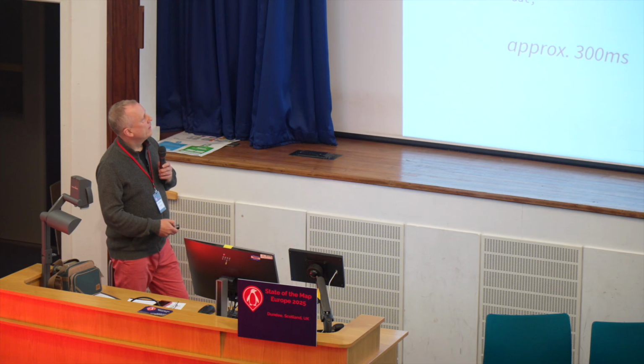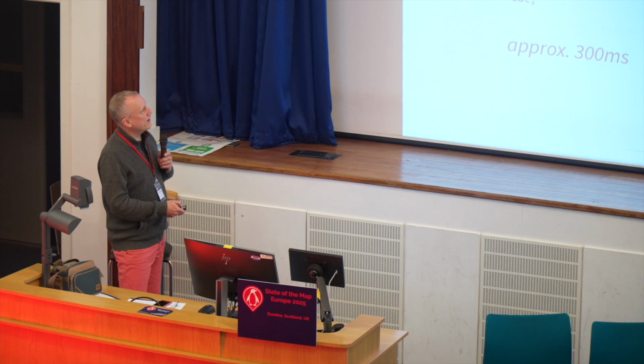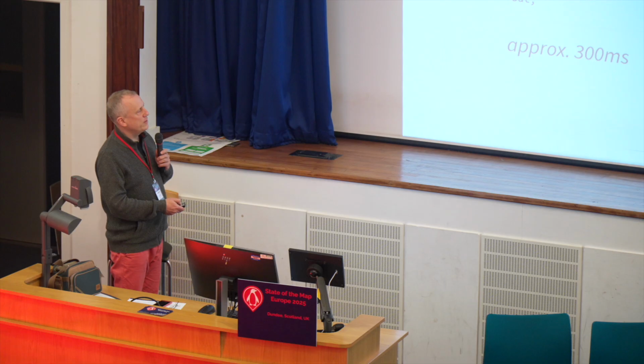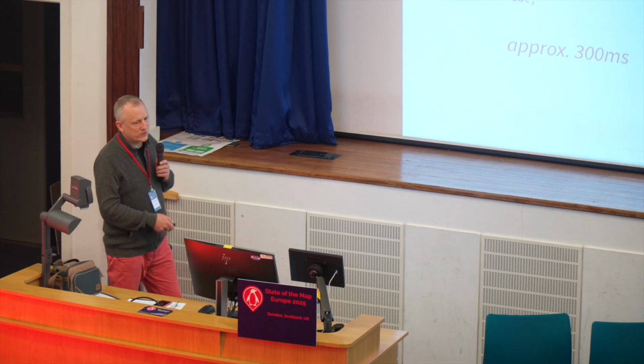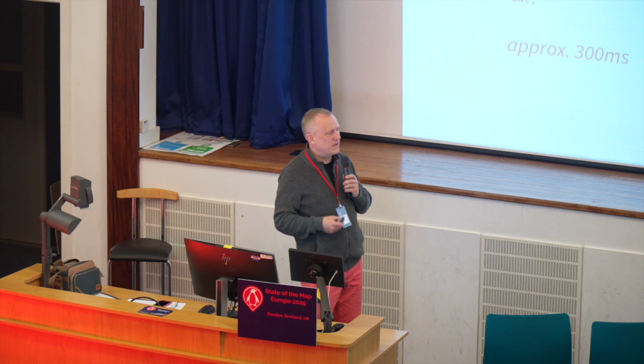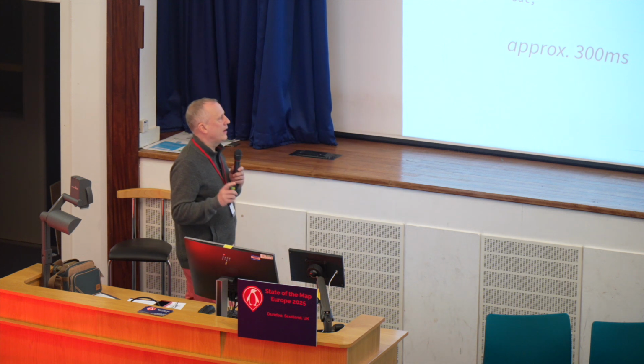Here's a query that takes 300 seconds on Postpass and only 300 milliseconds on Overpass. If you ask without a bounding box, if you say, hey, worldwide, give me all things that have this ref, and if you formulate the query like this, it'll be super slow on Postpass. That's due to how the index on the tags column works.